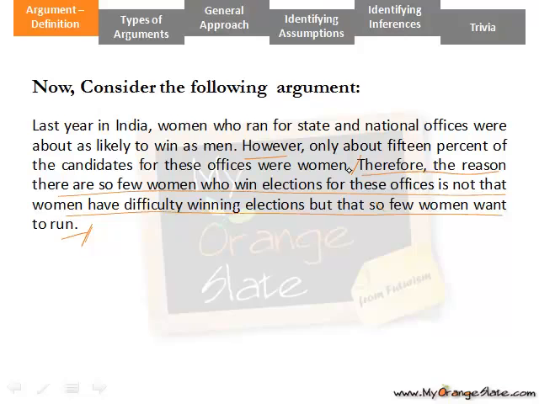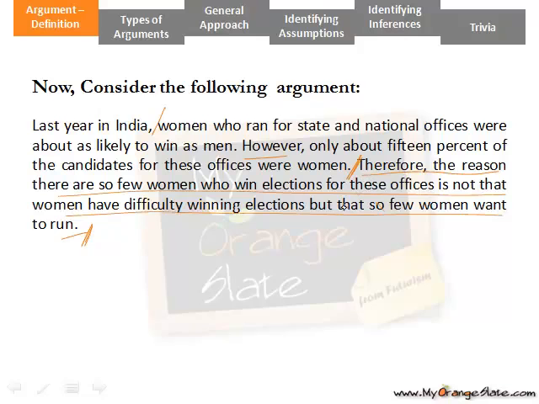but information given prior to this sentence is more factual in nature and there is no inference made there. Women who ran for state and national offices were about as likely to win as men, and only about 15% of the candidates for these offices were women. So these statements give us the information, and this statement must give us the conclusion.